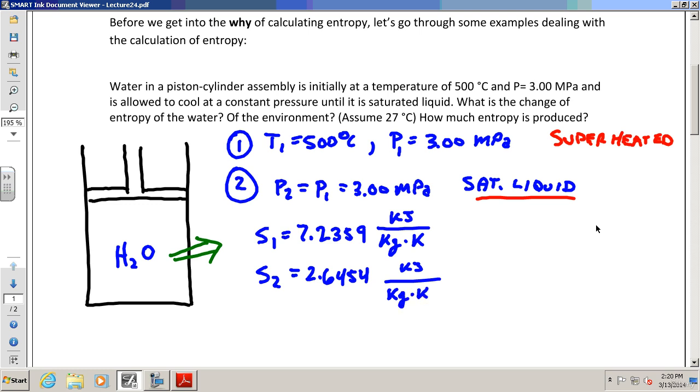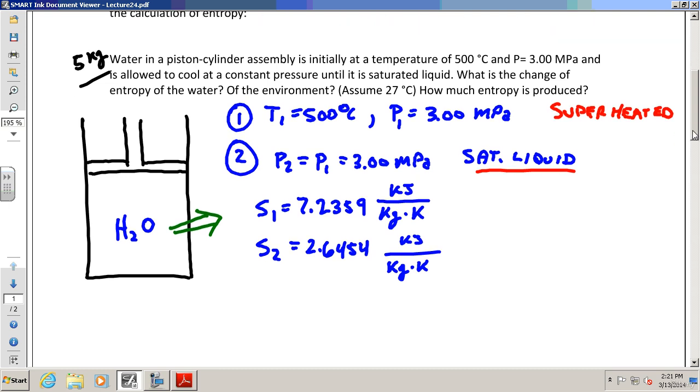Oh, by the way, I forgot to mention this. We're just going to assume that we actually have 5 kilograms of water. That's not really that big of a deal, but I think it's just going to make the math a little easier. So let's actually calculate the change in entropy of the water.